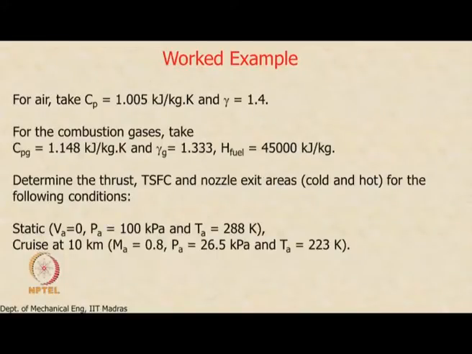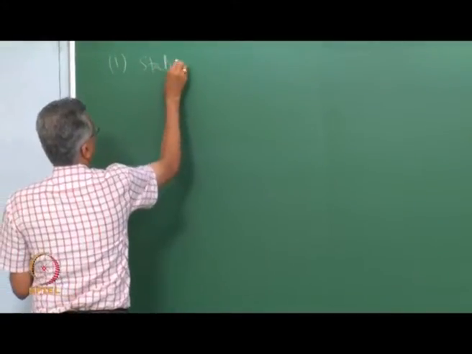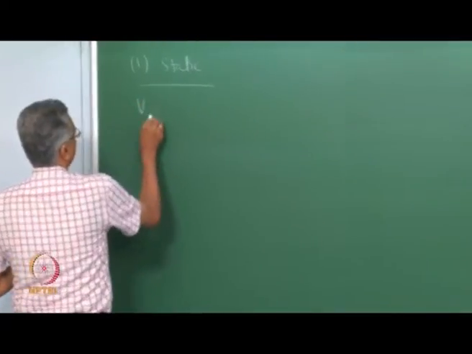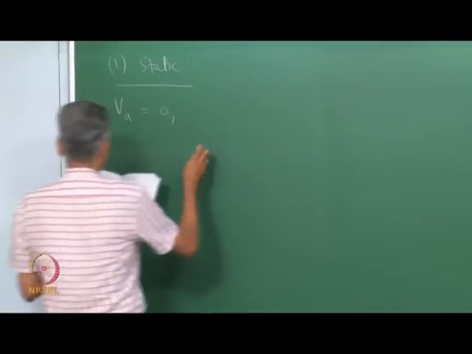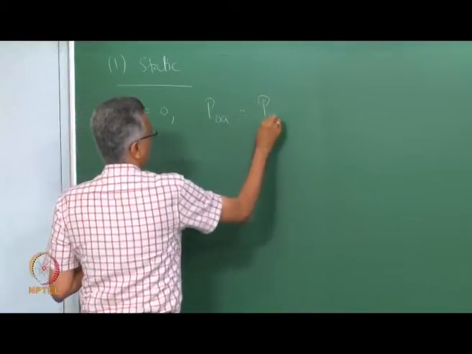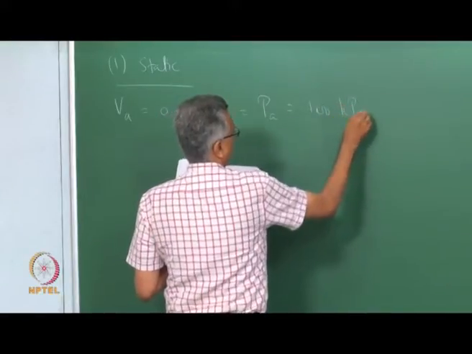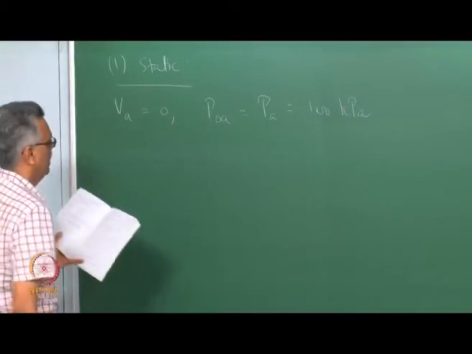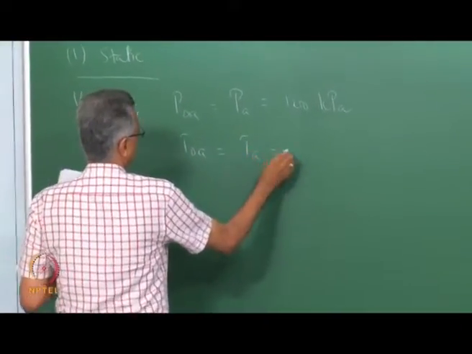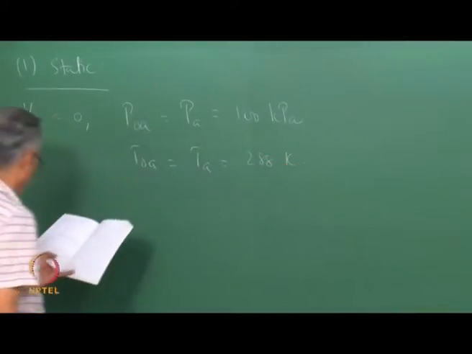Okay. Let us start. So, let us first do the calculations for static conditions. It is given that Va is equal to 0. So that means P0A is equal to Pa is equal to 100 kPa and T0A is equal to Ta is equal to 288 Kelvin.